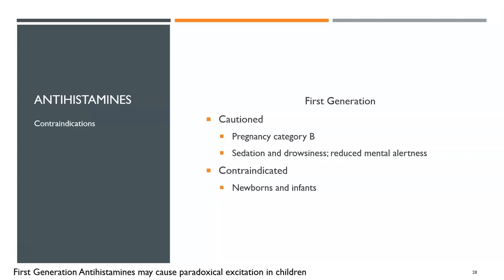So you may have seen antihistamines given to children, but you will not see it given to newborns and infants. Those first generation antihistamines can cause a paradoxical excitation in children. So we're very cautious on using the first generations for children.